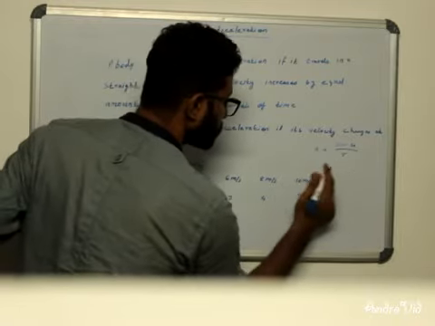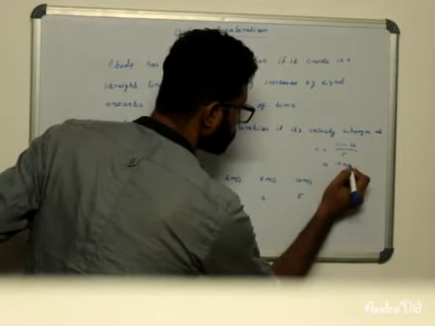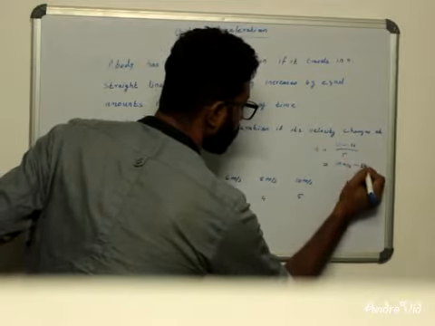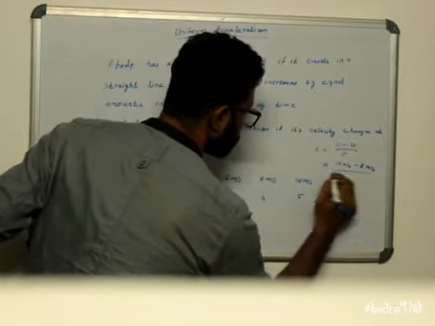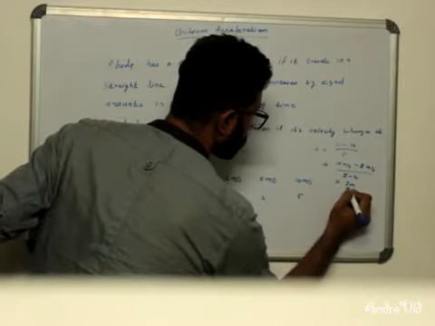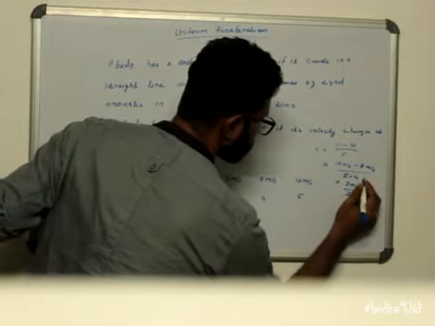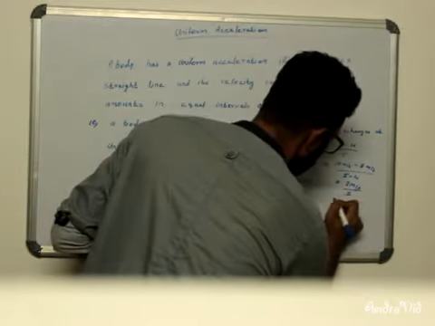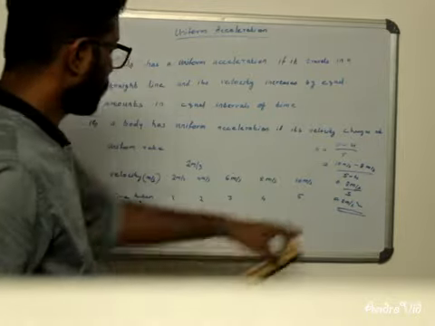Final velocity is 10 meter per second, and initial velocity is 8 meter per second, and time taken is 5 minus 4, which is 1 second. So 2 meter per second per second is equal to 2 meters per second square. So that is the acceleration.